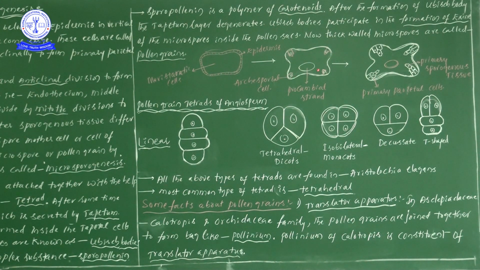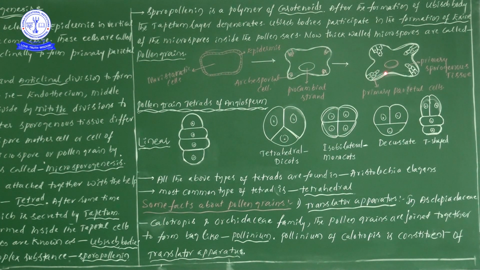These particular cells we call archesporial cells. How do these archesporial cells divide? Periclinally, we have already seen this information. When the archesporial cell divides periclinally, two cells are formed. These two cells are the primary parietal cells and the primary sporogenous cells. You see there.